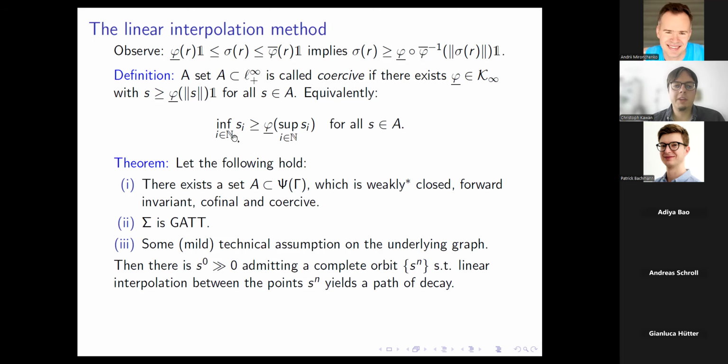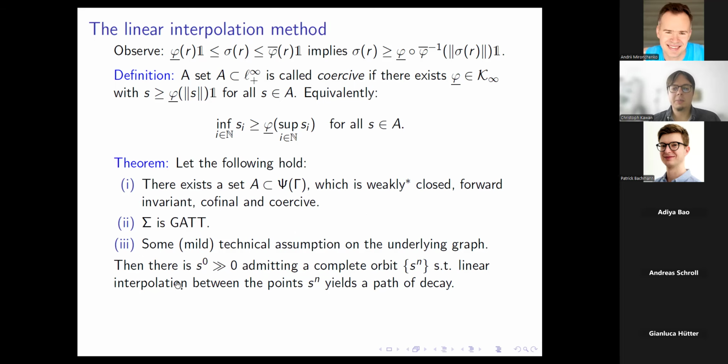And then we have a theorem which uses this definition, which is the following. First assumption: there exists a subset A of the decay set of gamma, which is weakly star closed, forward invariant, cofinal, and coercive. Second assumption: sigma is globally attractive, and also some mild technical assumption on the underlying graph, but that's not so important.